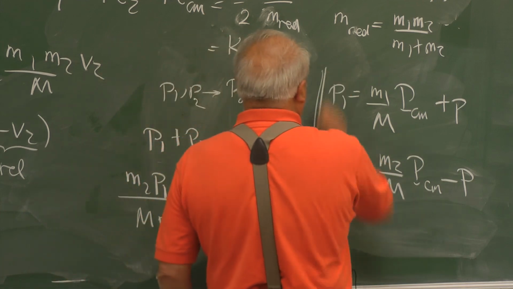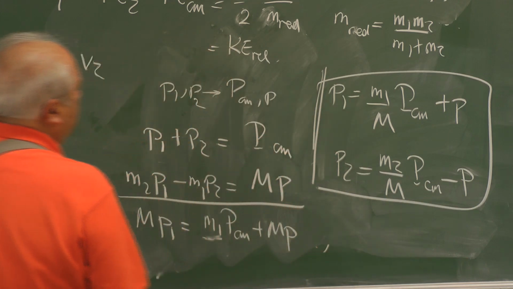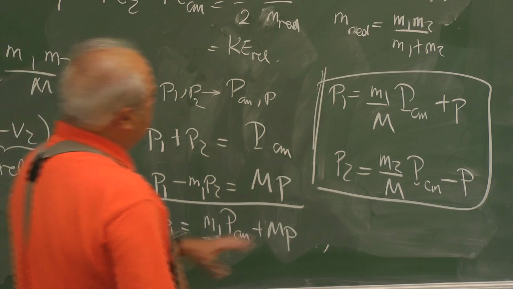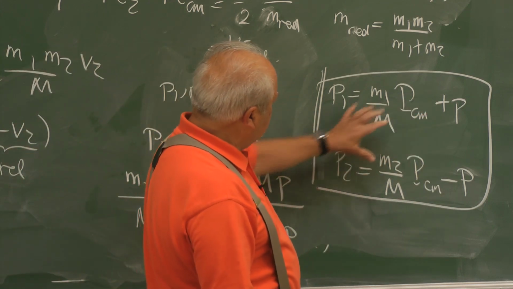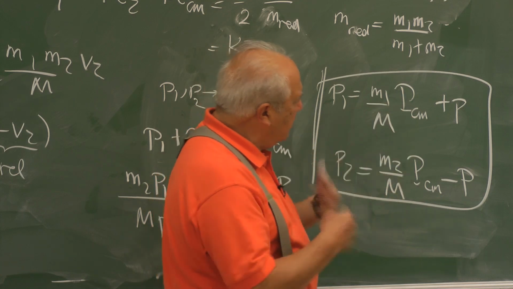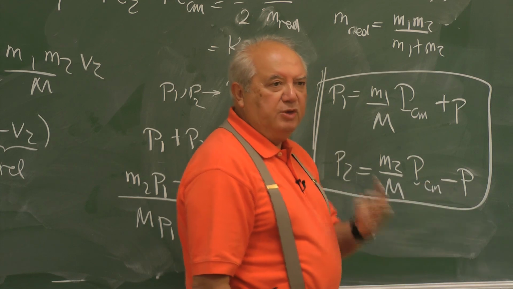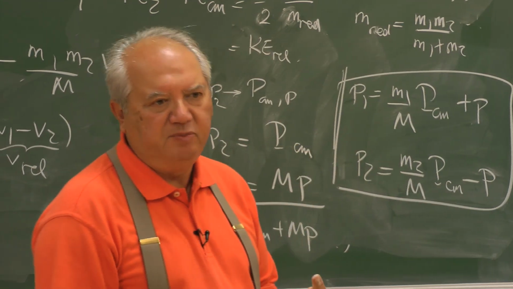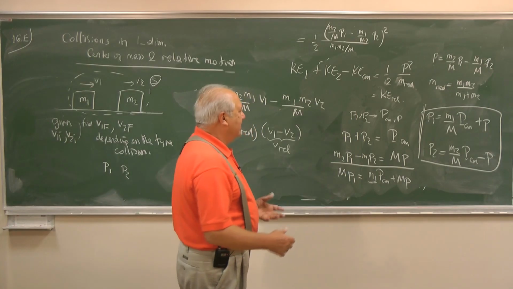So this is the transformation from the P1, P2 problem to the PCM and P problem. And since this is constant, you see none of these was constant, but this will remain constant. So what is changing in the problem is really just P. So a two-body problem is effectively reduced to a one-body problem by an abstract transformation.